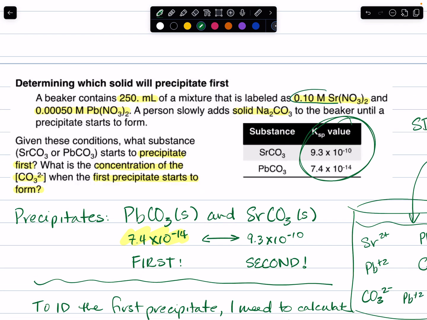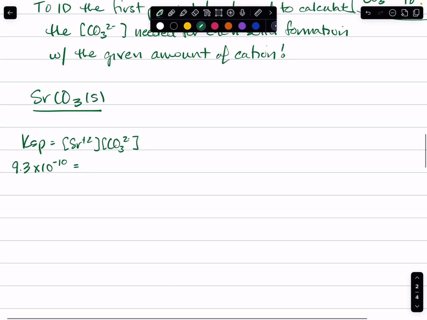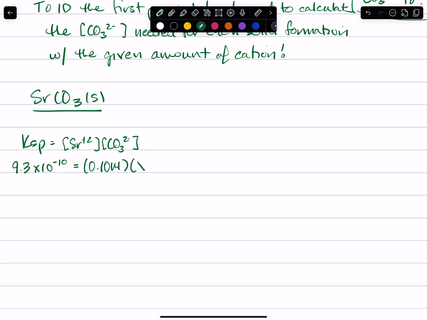I have 0.1 molar strontium nitrate, and for every mole of strontium nitrate I have 1 mole of strontium, so I have 0.1 molar strontium ions. I put an X in for the carbonate and solve for X. I find that the concentration of carbonate I'm going to need with this amount of strontium for precipitation to happen is 9.3 times 10 to the negative 9th molar.